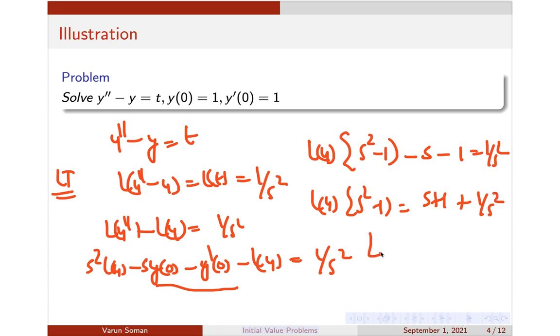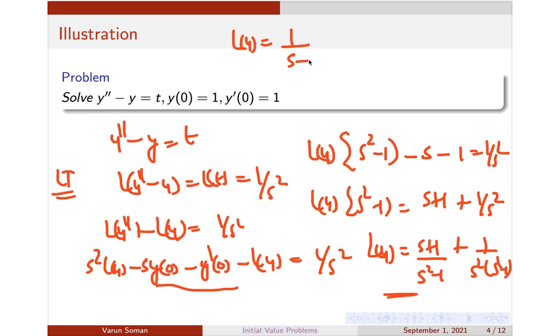Now my L of y is simply s plus 1 by s square minus 1 plus 1 by s square into s square minus 1. Or I can simplify it again. It is simply L of y is equal to 1 by s minus 1 plus 1 by s square into s square minus 1. Okay, so this is my L of y.